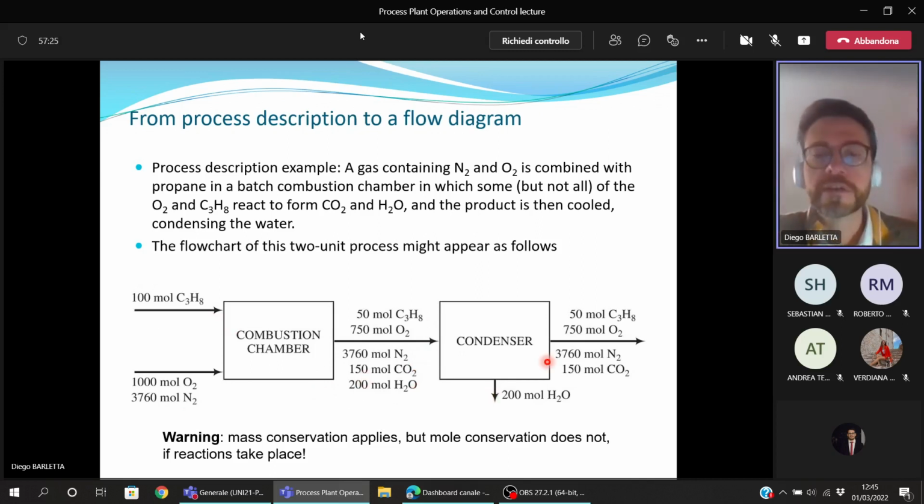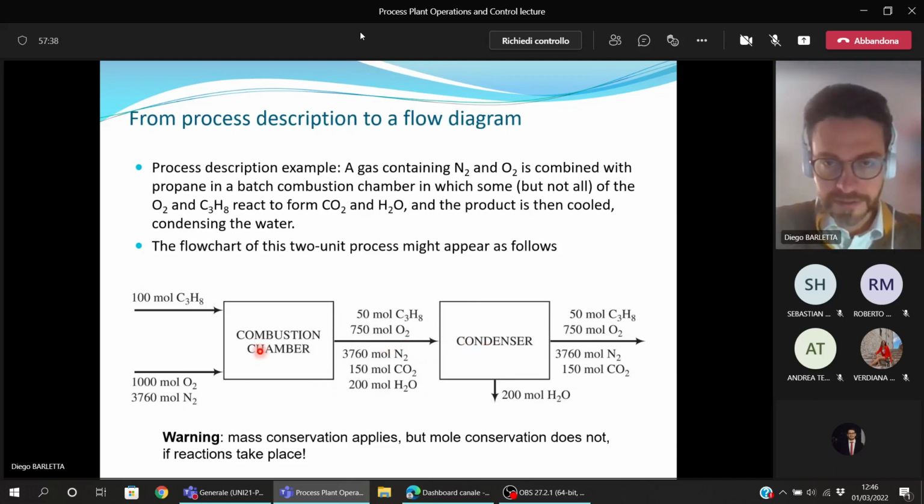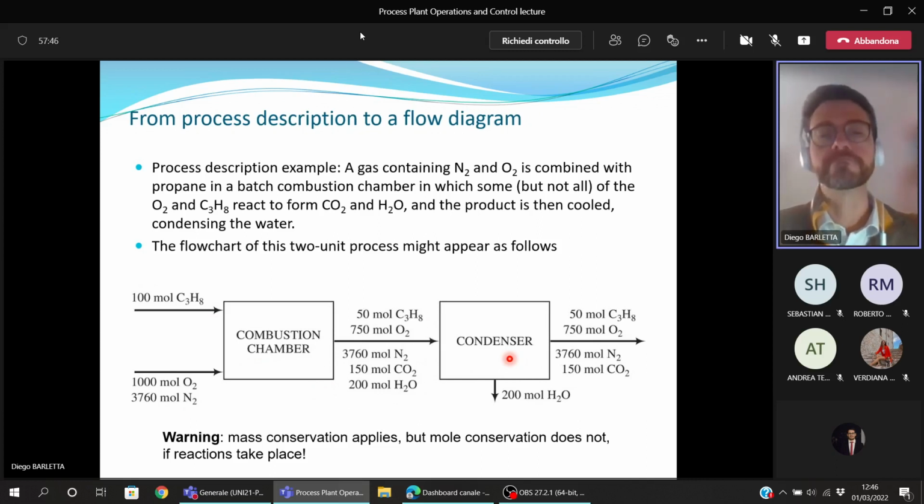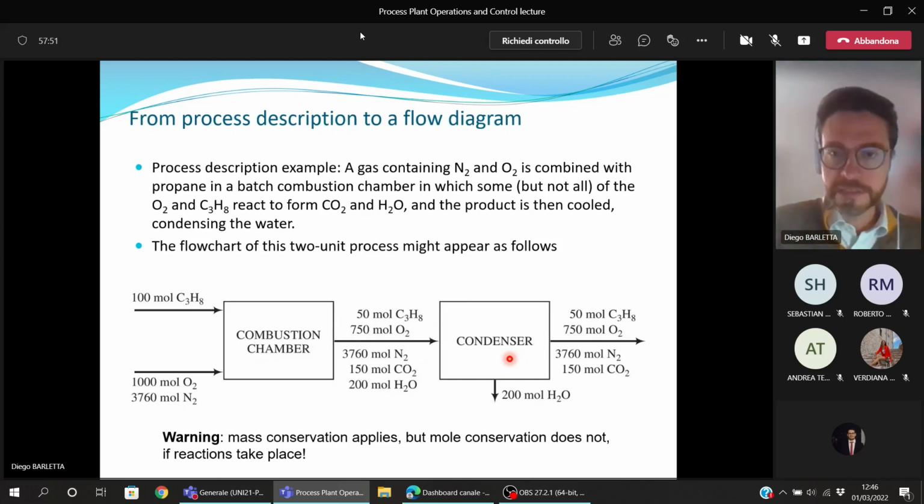Then we have a second unit in which there is a cooling of this stream. There is no clear indication on temperature here, but we can understand the physics behind. We are just considering material balance for the moment.